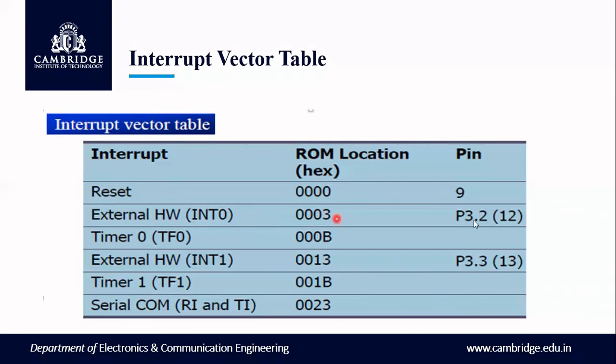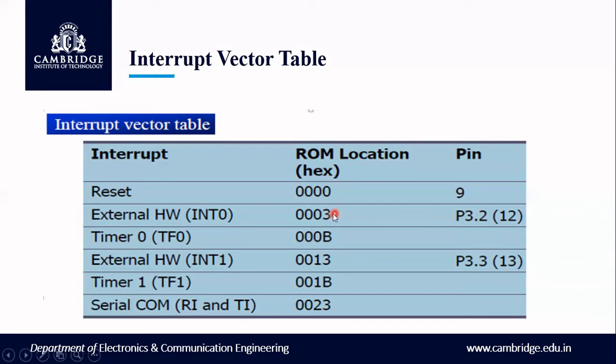This is external, so pin number 12, or a port. On this port you can put 0 or 1. Normally the port value will be high. If you put 0, you are interrupting the microcontroller. So the microcontroller will come to know that a hardware interrupt is coming on INT0. Then it will go to this particular address, where the ISR is written, and it will be executed.